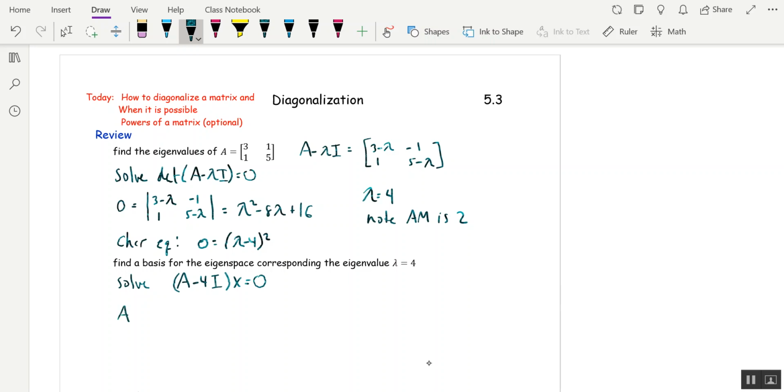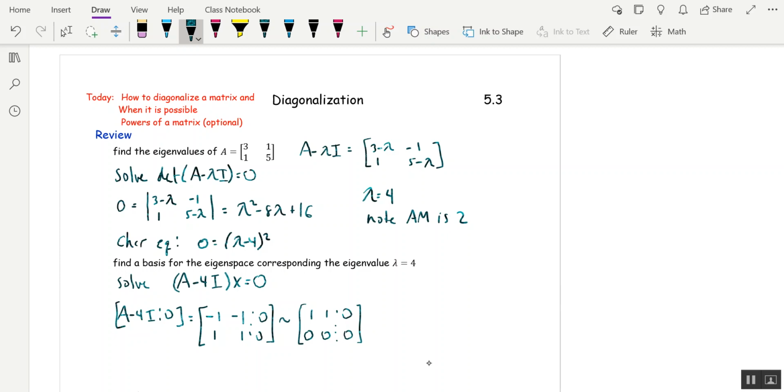So I'm going to take A minus 4I, augment with 0, and that's, if I put 4 in for lambda in the matrix above, I get negative 1, 1, 1, 0, 0. Okay, reduce that, bring the 1s to the top, kill off this row.